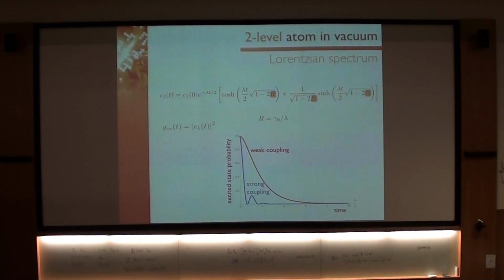This happens only in the non-divisible case. In the divisible case, it's all okay. But in the non-divisible case, there are some points corresponding to the zeros of C1 of t for which the decay rate diverges, becomes infinite.